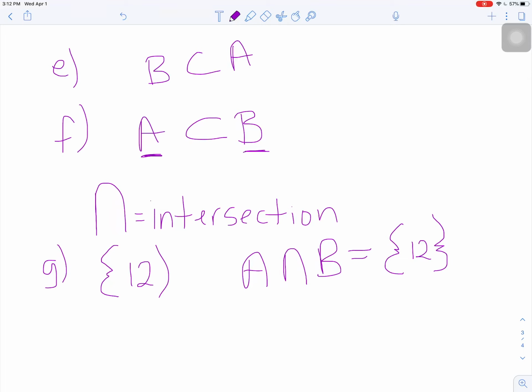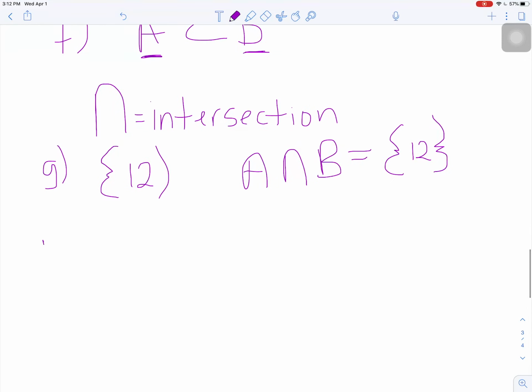Okay, and the next one, H: all parallelograms and all trapezoids. Well, those are two different things that we're talking about, and so if they don't have a subset, if they don't intersect, we have to mark that down.